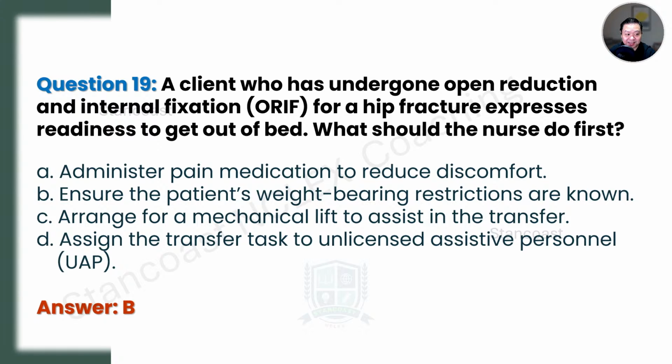in this case scenario. And if you selected letter D, assign the transfer task to unlicensed assistive personnel, you as the registered nurse here should supervise the initial transfer. This involves assessment. So this is something that you cannot delegate to a UAP.